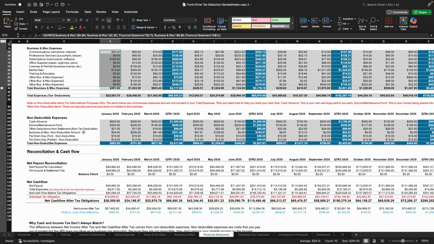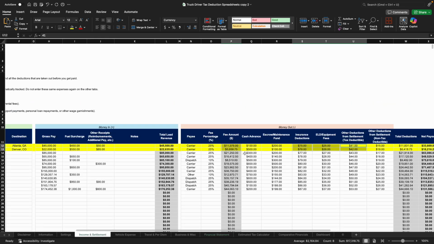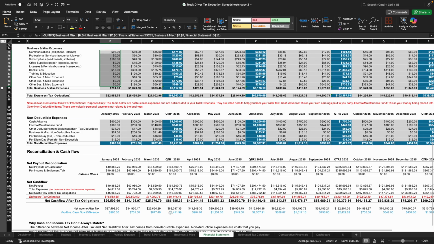All right, so the reason the cash advance you log here is not deductible is because this is like you're borrowing money, right? It's not a business expense. You're not paying this to increase your business income. This is you borrowing money, or someone giving you money that you need to pay back. So it's not business related, and that's why it's non-deductible.